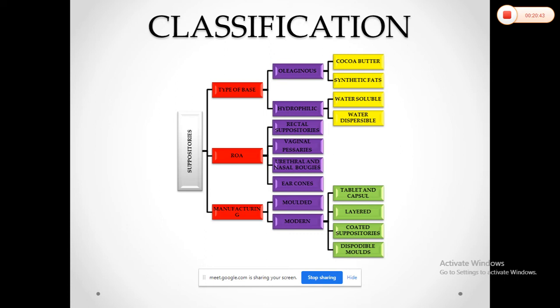They are generally made from cocoa butter because, as I just discussed, cocoa butter has a melting point similar to our body temperature, 30 to 35 degrees Celsius. They are not compressed like a tablet, because the amount of liquid in the rectal cavity is inadequate for tablet disintegration. That is the simple reason why we have converted it to a semi-solid dosage form. If you use a compressed form like a tablet, then obviously to break down that tablet you require more water or fluid content.